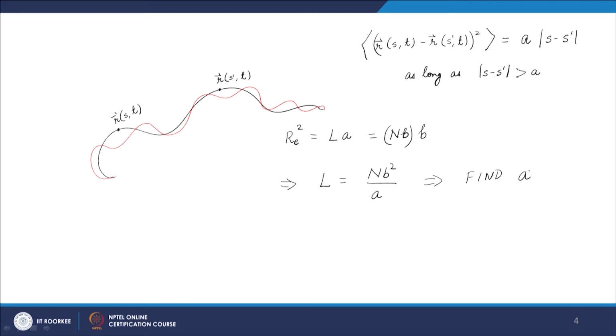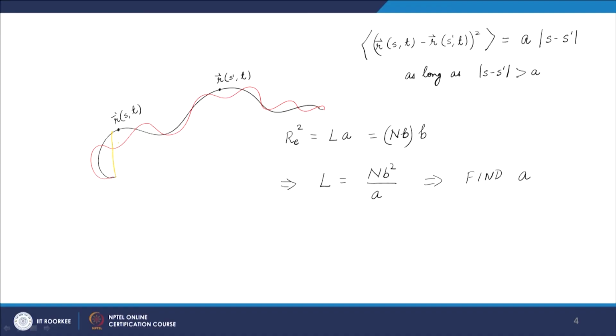Okay. So, if I now go back to thinking in terms of the freely jointed chain model of the primitive path, that would also look something like this, where A becomes the effective Kuhn length, so to speak, of the primitive path.